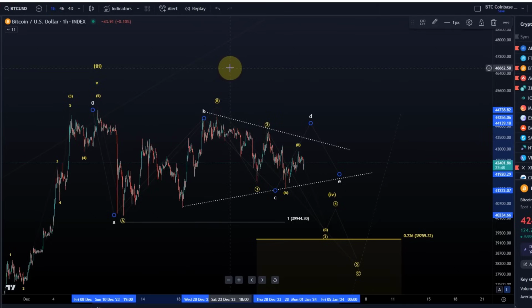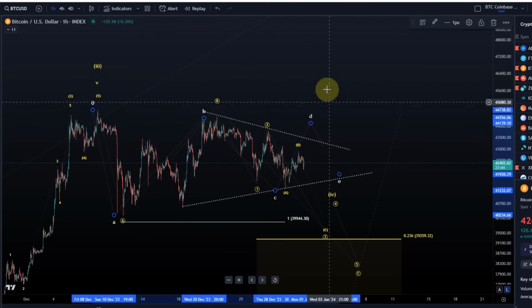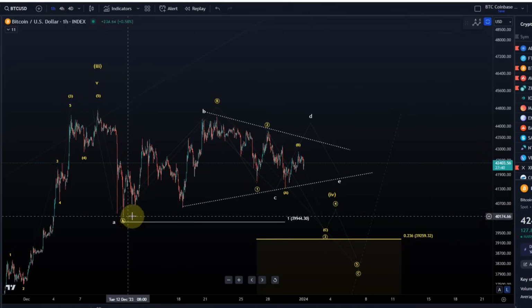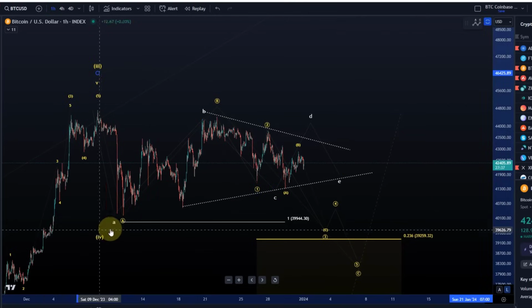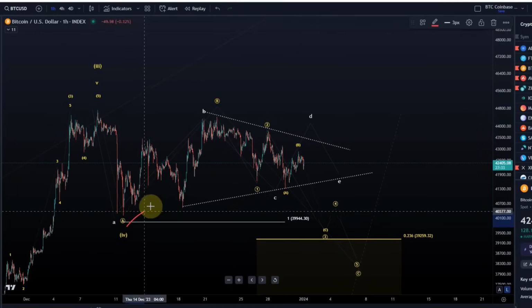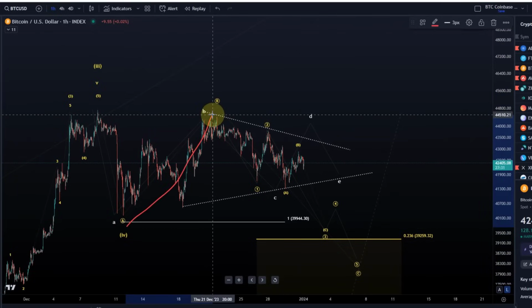And then another scenario, and that would really be the most direct breakout, but I don't see any evidence for that at this stage. It would be basically the assumption that the wave 4 already bottomed here. That's not preferred at this stage. And then we had a wave 1 to the upside, wave 1 of a leading ending diagonal.